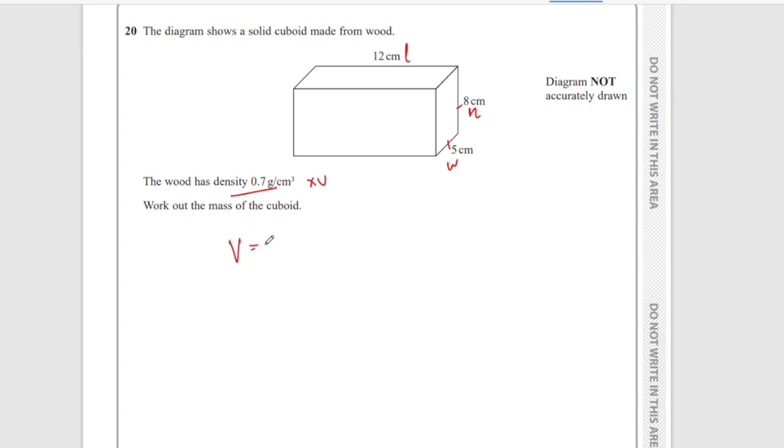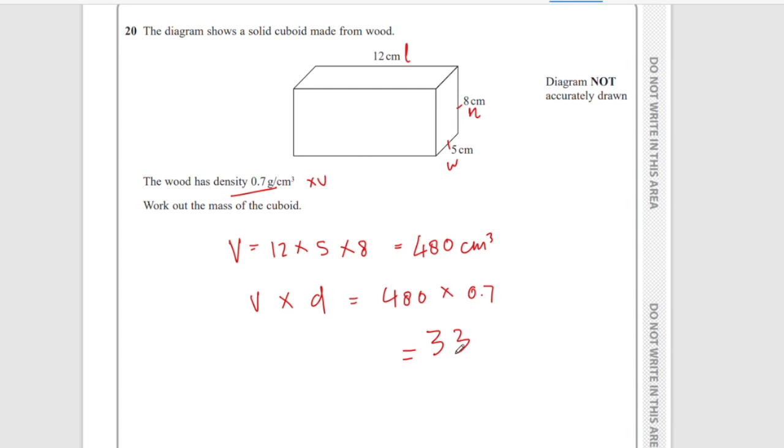So volume is length times width times height, which is equal to 480 centimeter cube. Now multiply the volume with the density, which is 480 times 0.7, which will give us 336.